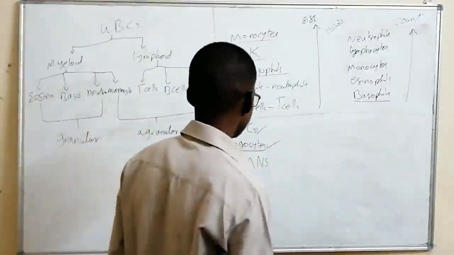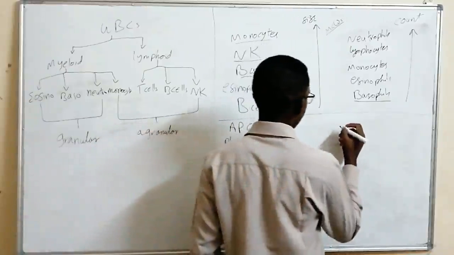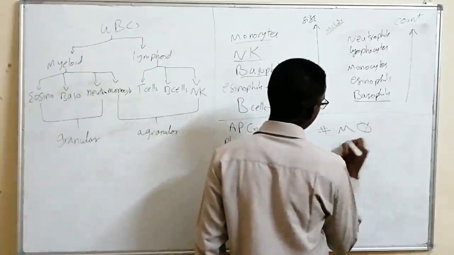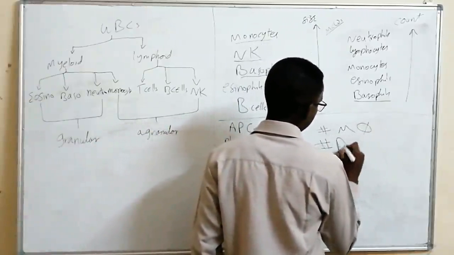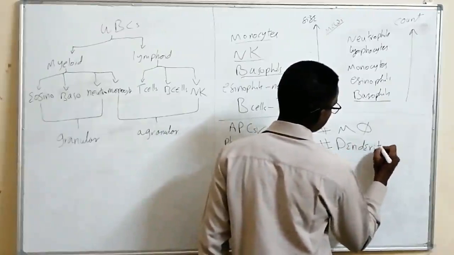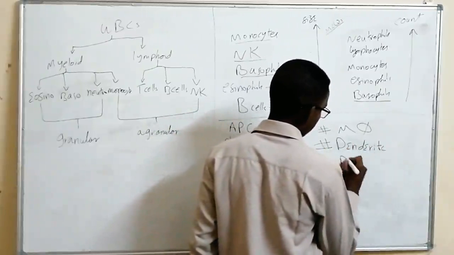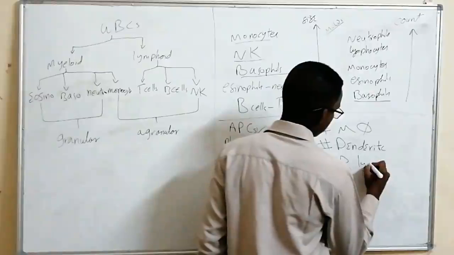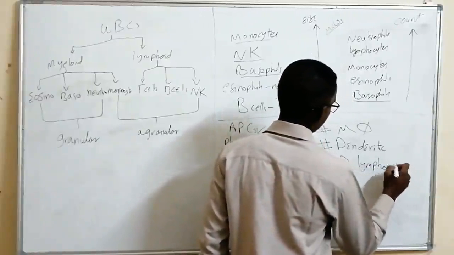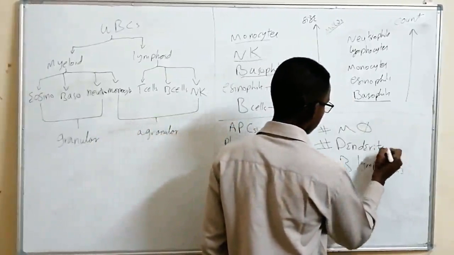And examples of phagocytes, we have macrophages, dendritic cells, and B lymphocytes. All of the 3 are antigen presenting cells, as we've talked before.